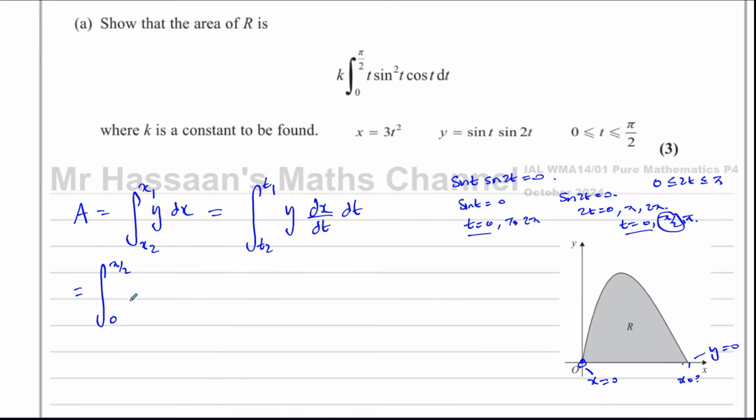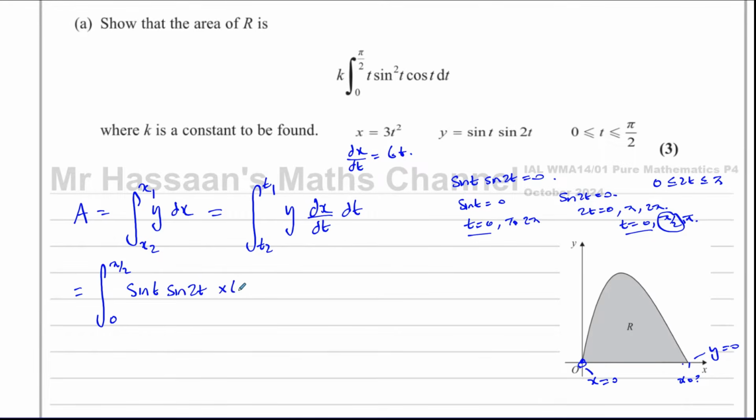y is as it is, which is sine t times sine 2t, and for dx/dt, x is equal to 3t squared, so dx/dt is equal to 6t.